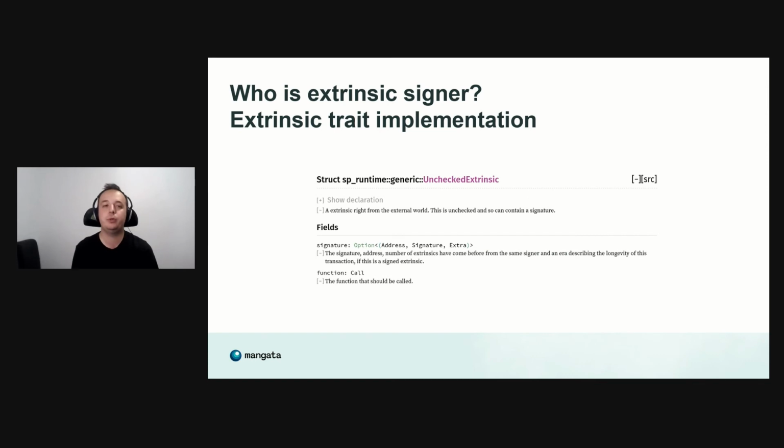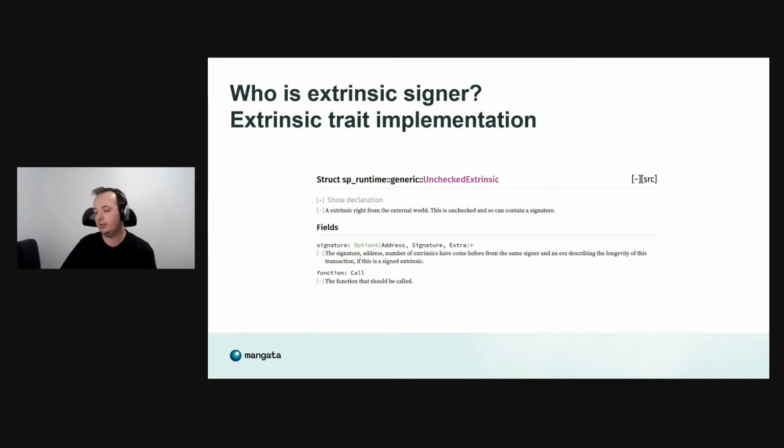And if we look for a specific implementation of the extrinsic trait, most likely it's UncheckedExtrinsic. And inside that one, we have access to the signature and to the function call. So we are good. We just need to somehow fetch that information from the native side of the node.